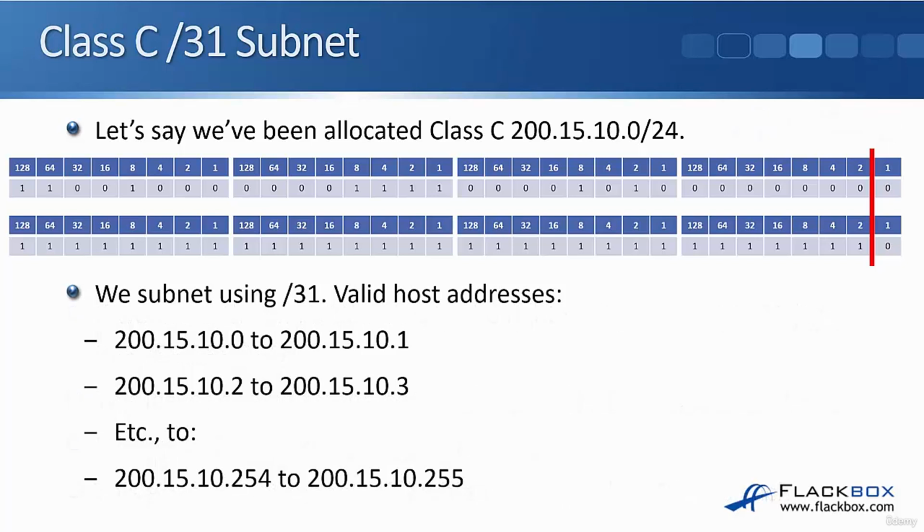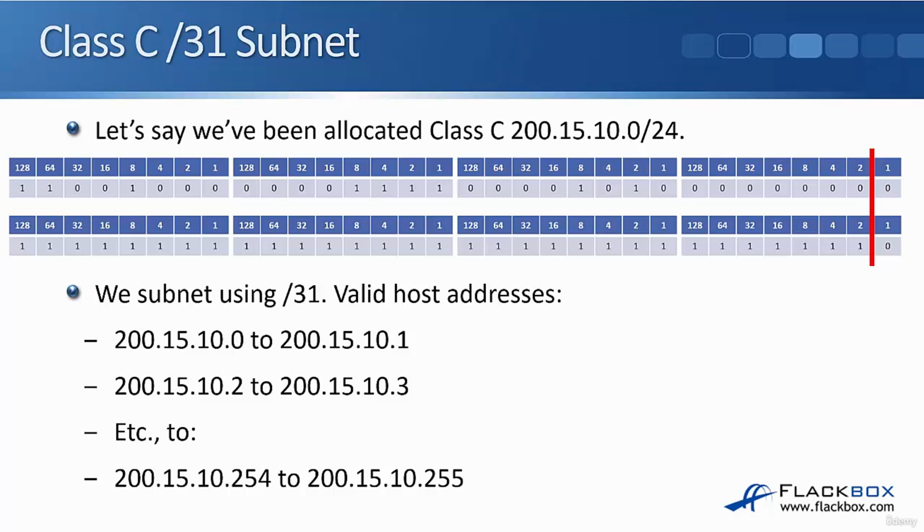The valid host addresses would be 200.15.10.0 to .1, 200.15.10.2 to .3, then 200.15.10.4 to .5, etc., all the way up to 200.15.10.254 and 255.